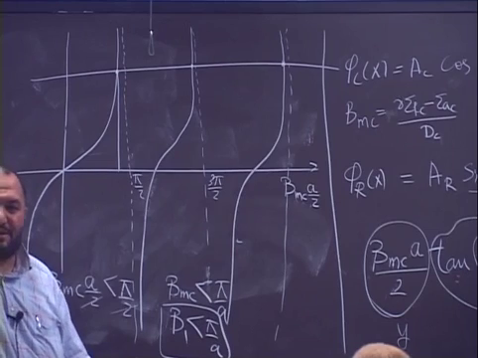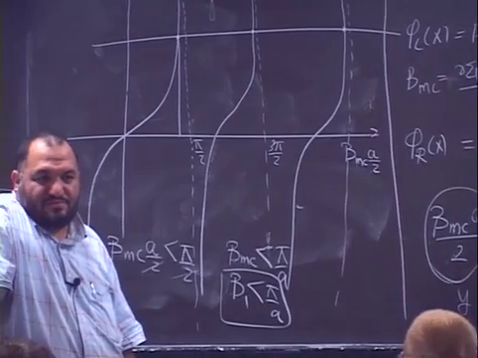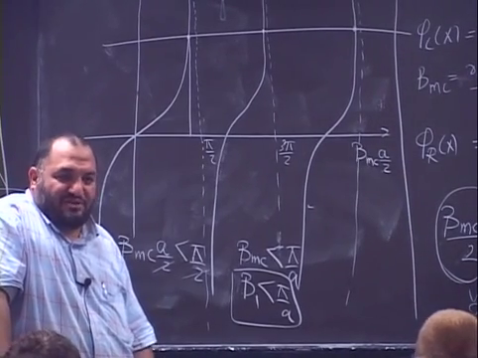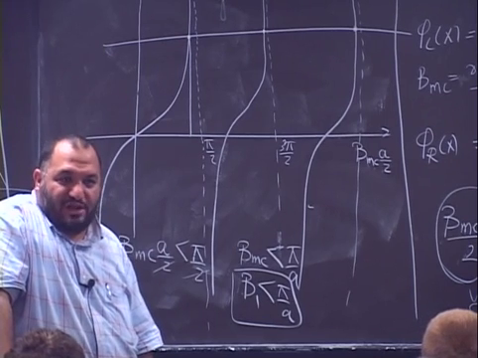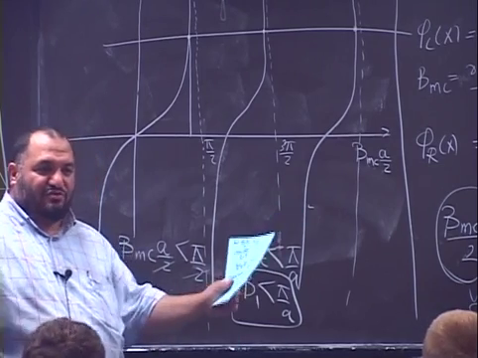What does it mean? For a slab, the geometrical buckling is equal to pi over A. Now I have a reflected reactor. I added a reflector.